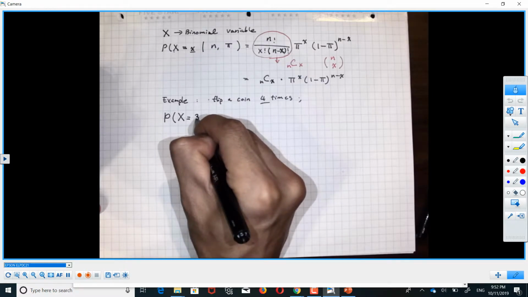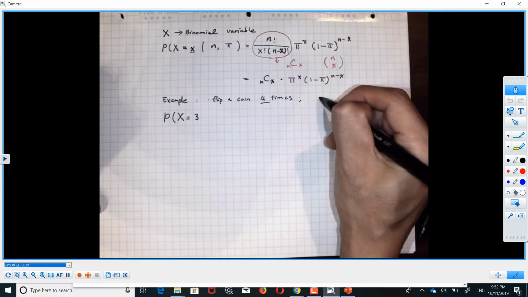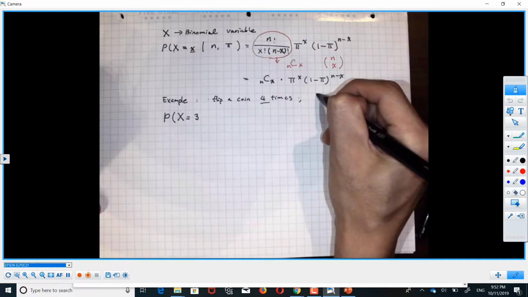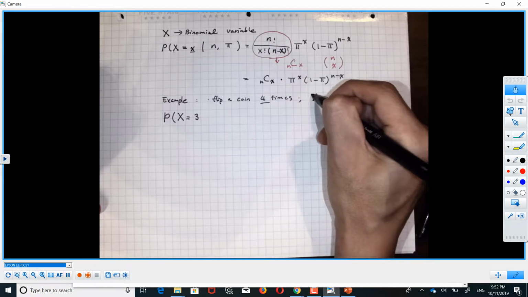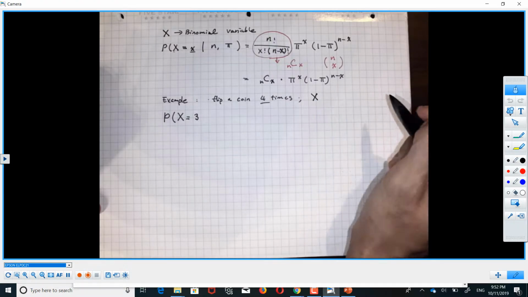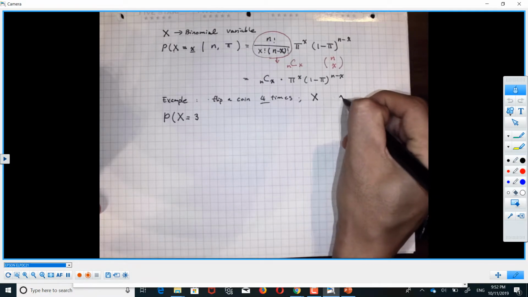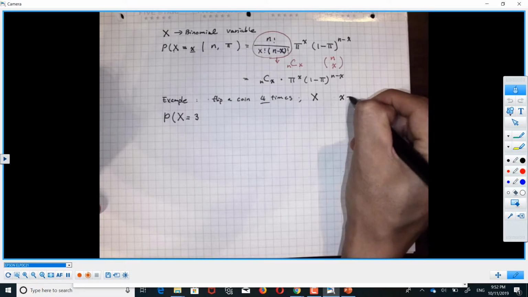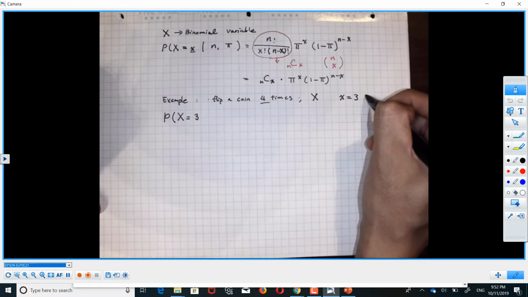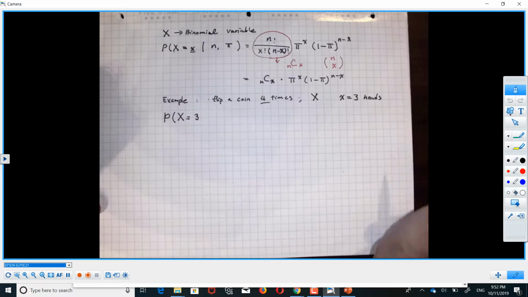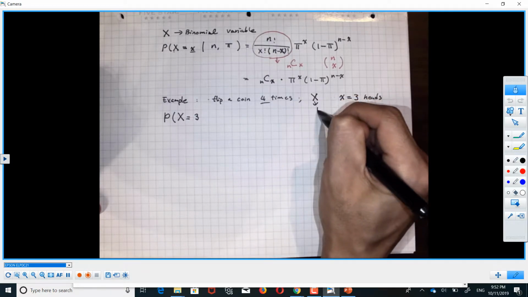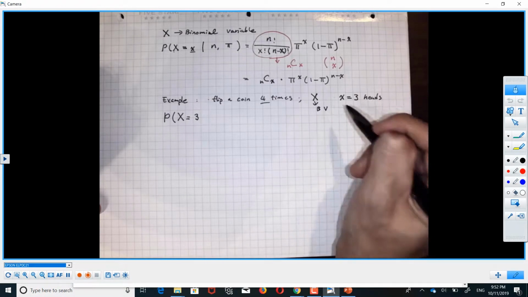So x is binomially distributed, and the small x is 3 heads. So you know that this is the binomial variable.